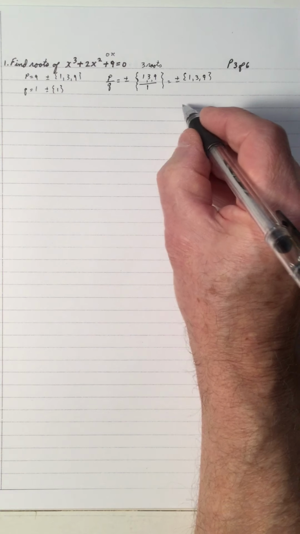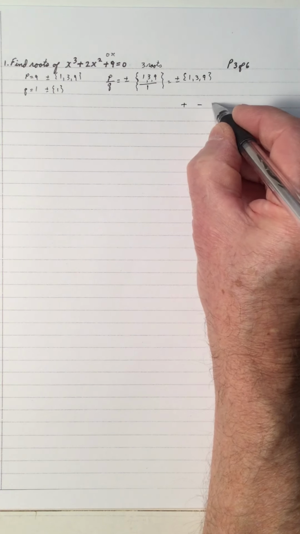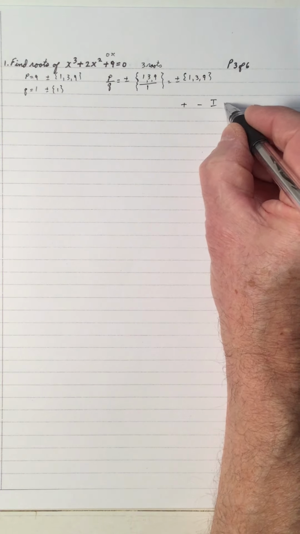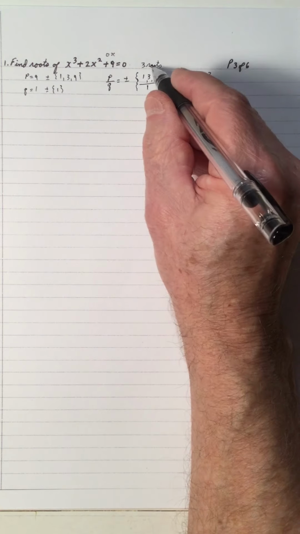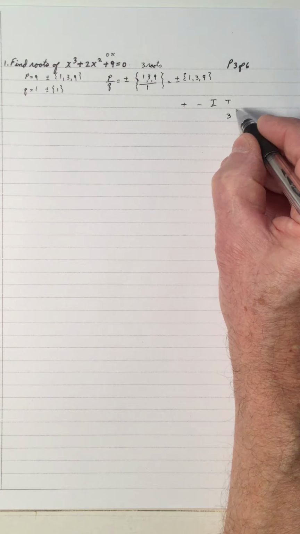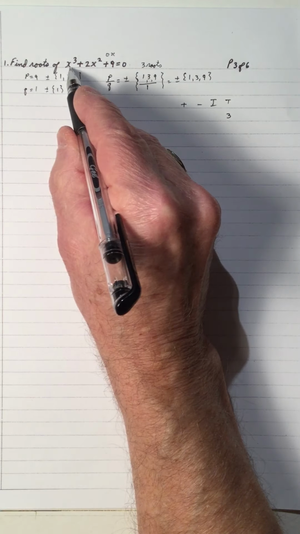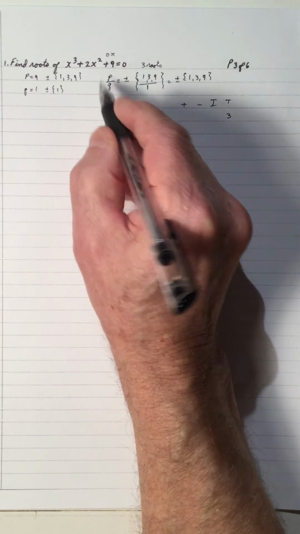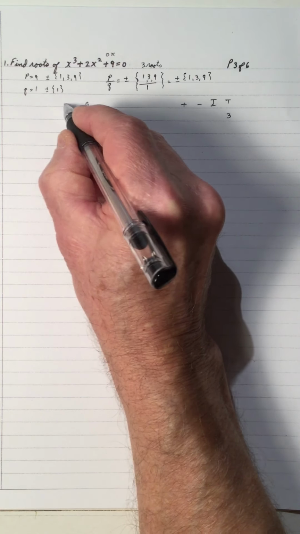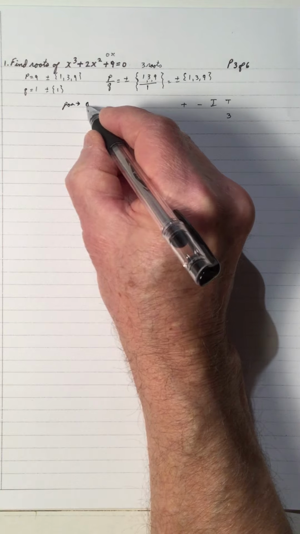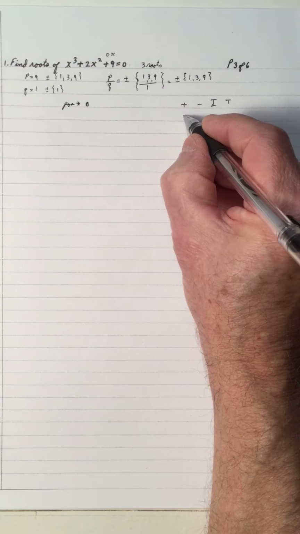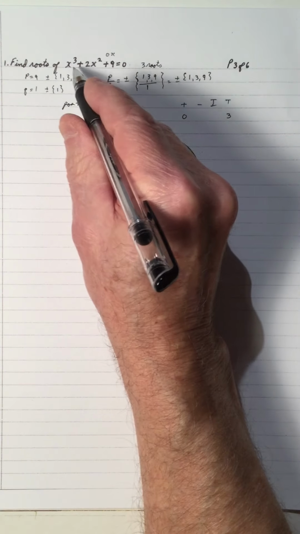Now we want to look at the positive, negative, and imaginary roots, and the total. We know that the total number of roots is always going to be 3. So we check here: positive, positive, positive. The number of positive roots is 0 because there's no change in the sign. And let's look at the negative.